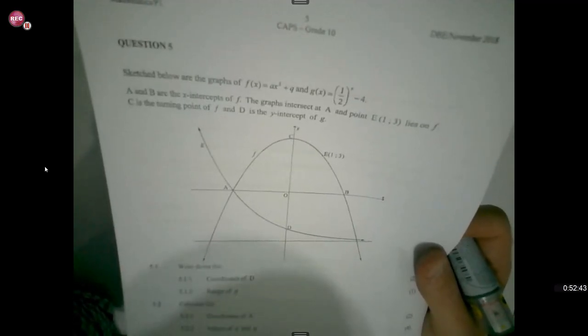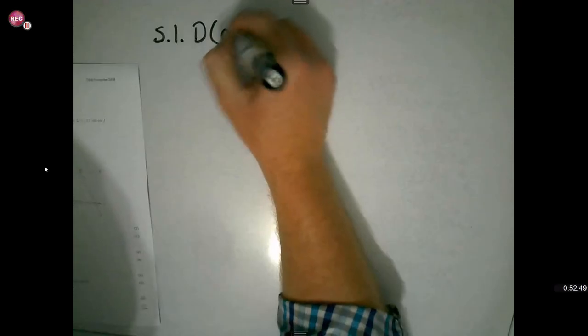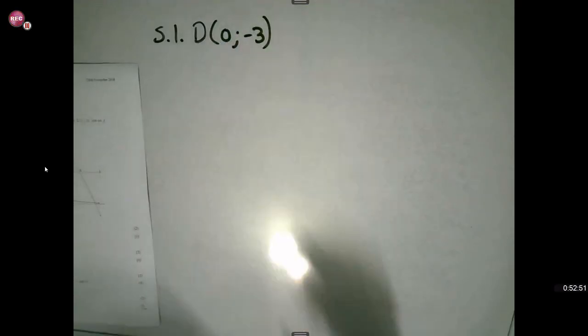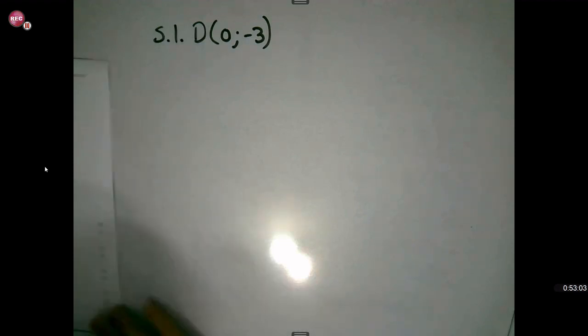The reason why it is 0 for the x value is because it cuts the y-axis and does not move left or right on the Cartesian plane.